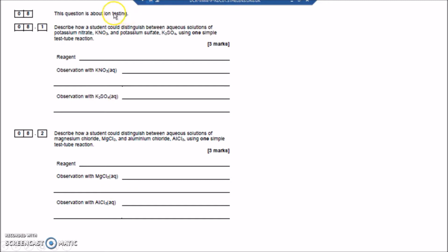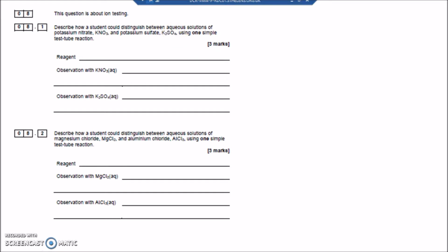Question 8 is about testing for ions. Describe how a student could distinguish between aqueous solutions of potassium nitrate and potassium sulfate. So how do you test for a sulfate ion? You use something called barium chloride, and it makes barium sulfate, which is a white precipitate. Barium sulfate, incidentally, is used in barium meals.